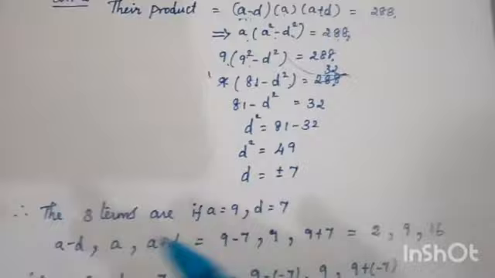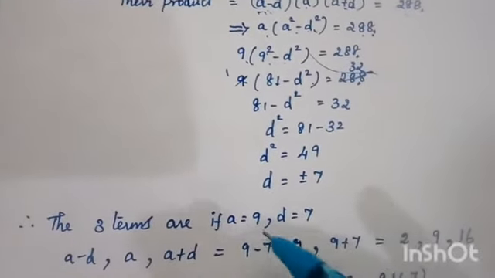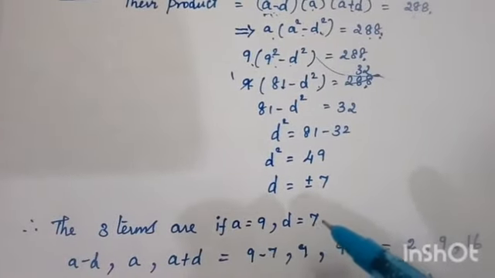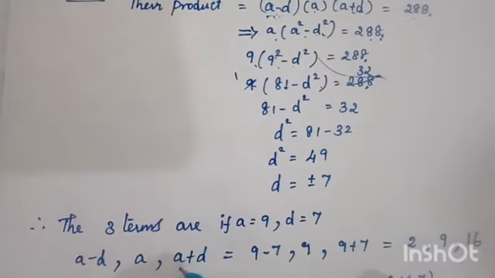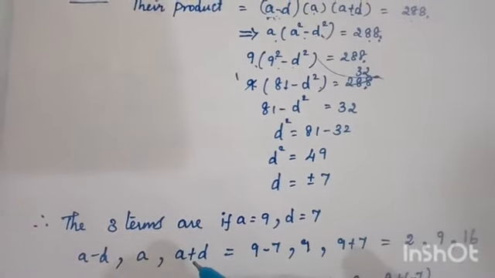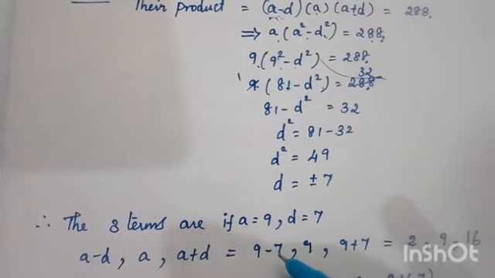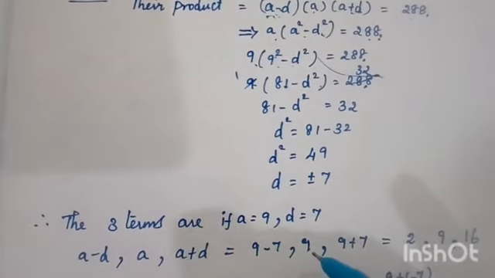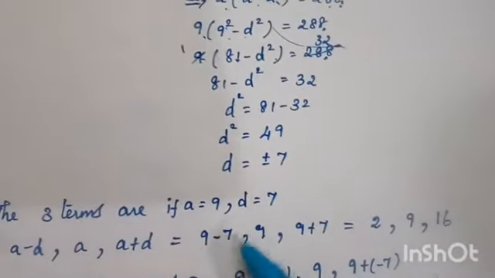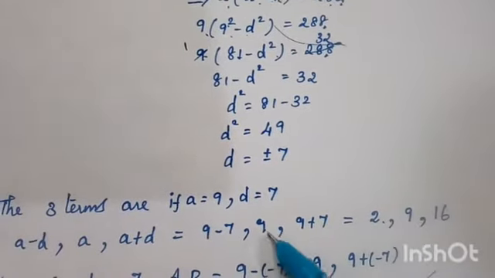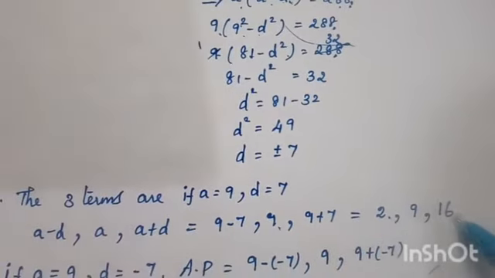So now we want to find the three terms. If a equal to 9, d equal to plus 7, you have to substitute in what we selected in the beginning. So a is 9, d is 7: a minus d is 9 minus 7, comma 9, comma a plus d. That is 9 minus 7 is 2, 9 plus 7 is 16.